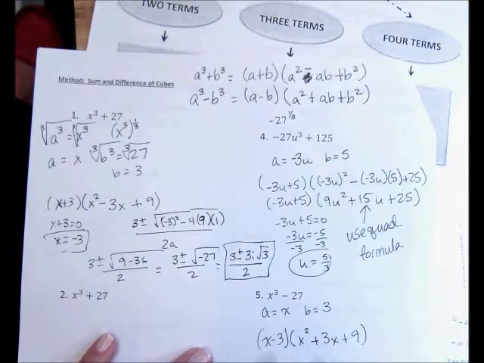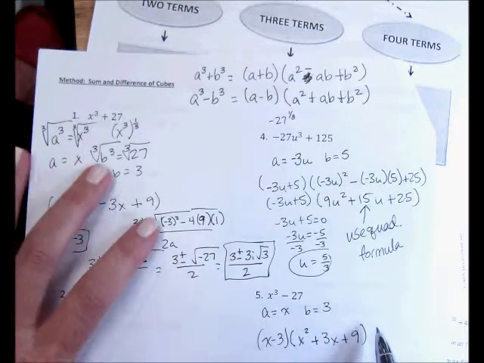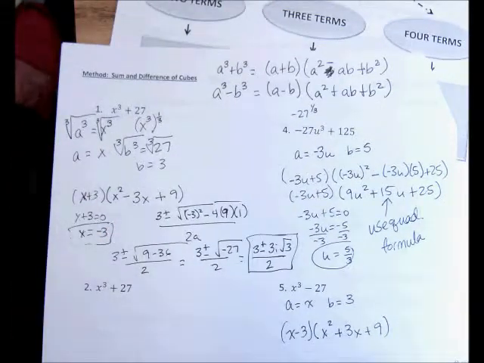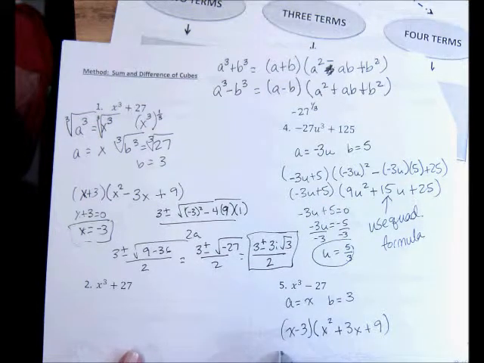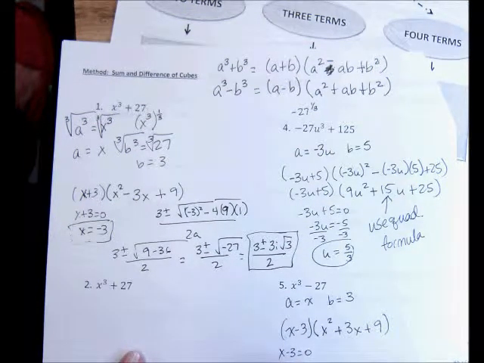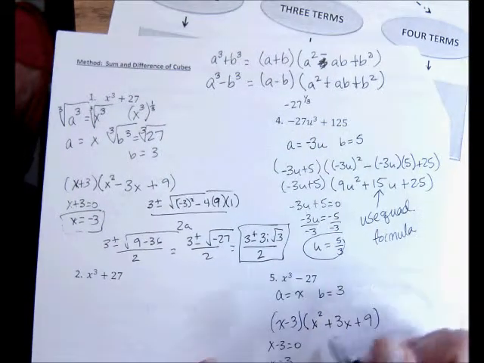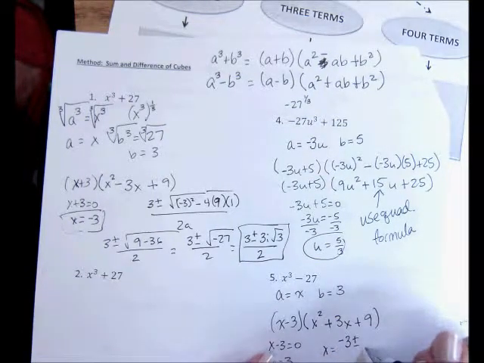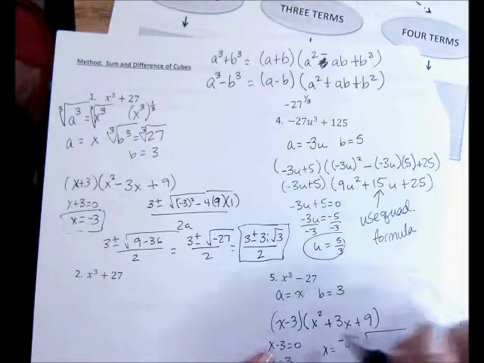Again, I think it's very similar to this one up here, except it's a positive 3 instead of a negative 3. And so I solve for x minus 3 is equal to 0, so x is equal to 3.